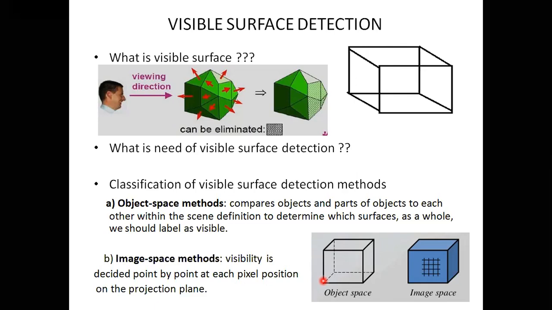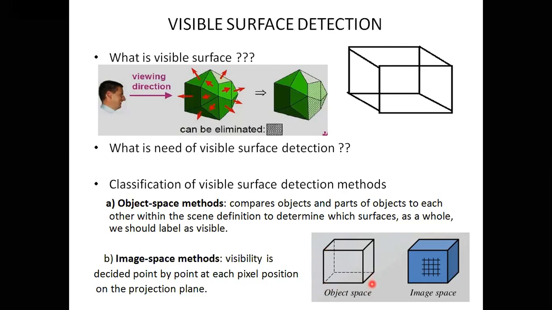Okay, so the object space method took a part of the object and decided whether that part comes in the front face or the back face. One part of the object may be edges. See here, the solid edges are considered as the front face.